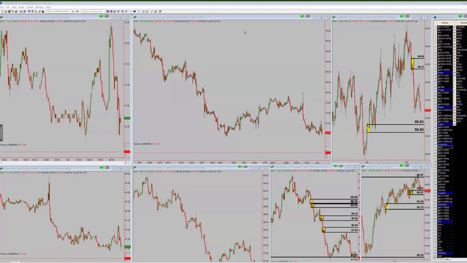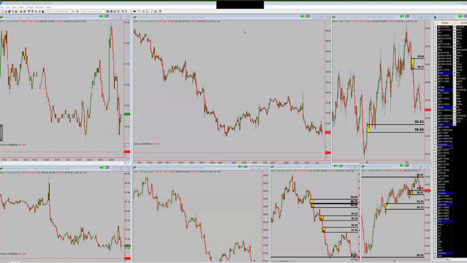So we use a very specific rule-based strategy here, all around supply and demand. I started on the trading floor of the Chicago Mercantile Exchange many years ago, back in the mid-90s, in the heyday of floor trading, right before screen-based trading.